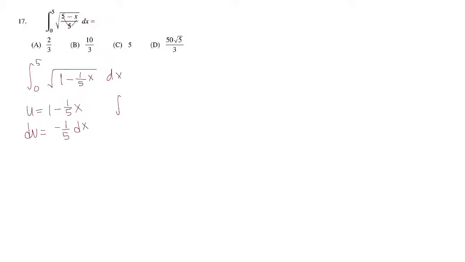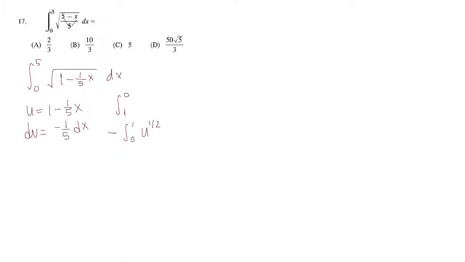So if I plug in 5, then that's going to be 1 minus 1/5 of 5, so that's going to give me 0. And so let's plug in 0, and we get 1 minus 0, which is 1. So we're going to have to flip those endpoints, my gracious. And then we're really integrating just u to the 1/2.